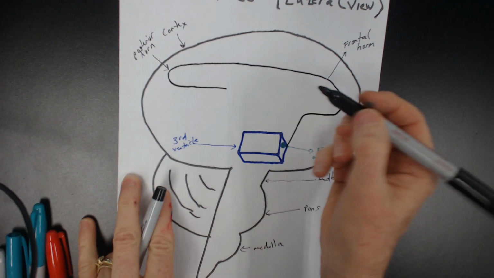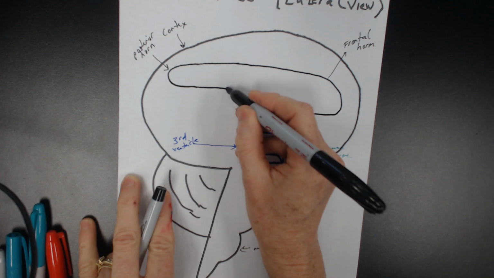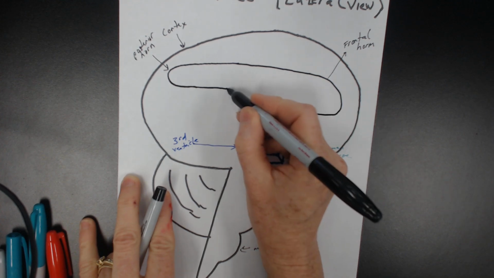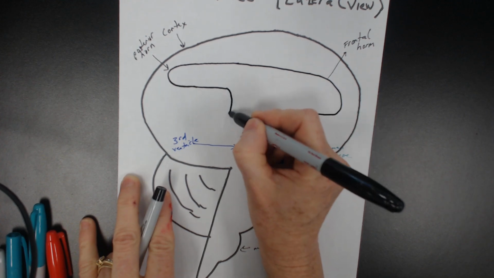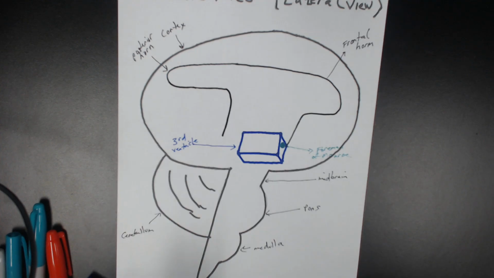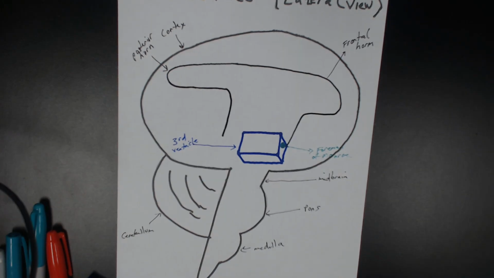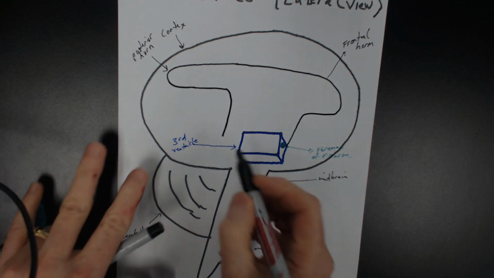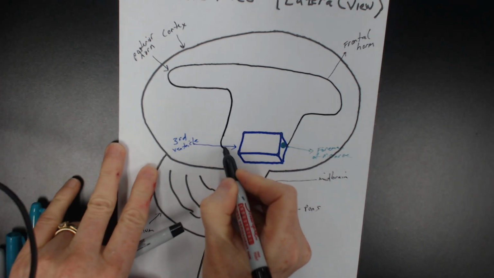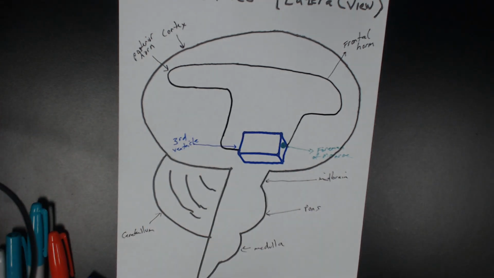Yeah, I'm good. So coming down off the posterior horn, I'm going to represent it here. You're going to have another horn coming down. What happens is it comes up, and then it actually goes on the outside. If you're looking at the left, and the third ventricle is here, it's more outside.